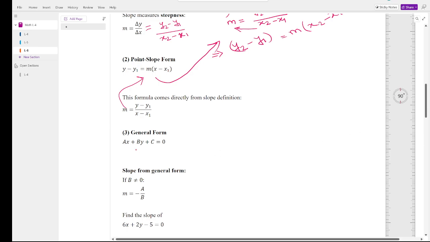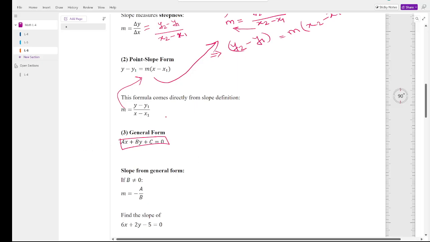We already wrote the general form: ax plus by plus c equal to 0. Now, slope from the general form. We can find the slope from the general form. How? In the general form, the slope uses the coefficients of x and y, this one and this one.